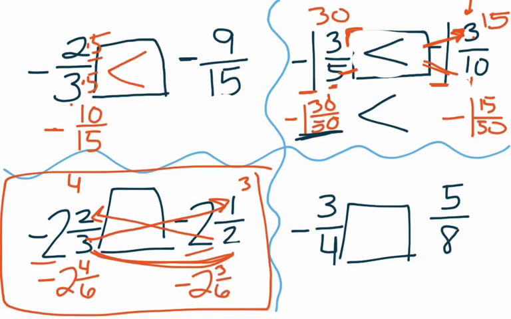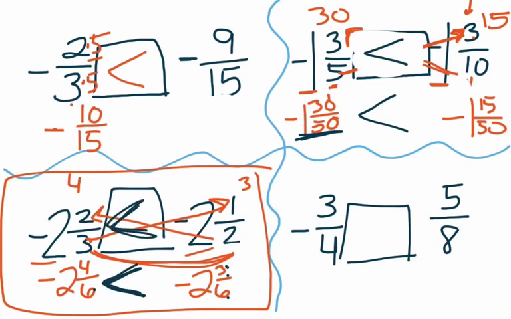Since they are both negative, I know 4/6 is bigger than 3/6. But they're negative, so I know that negative 2 and 4/6 is less than negative 2 and 3/6. Again, flipping them around because 4/6 is more if it's positive, but they're negative, so it's less than.